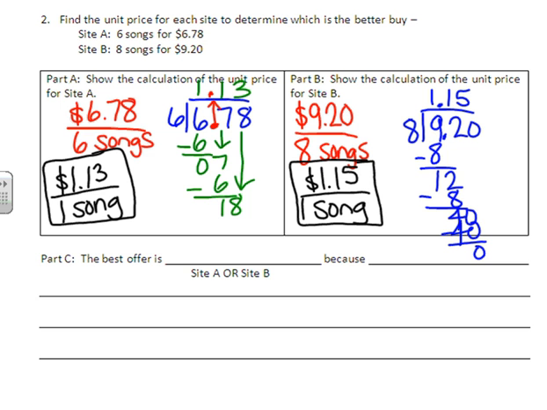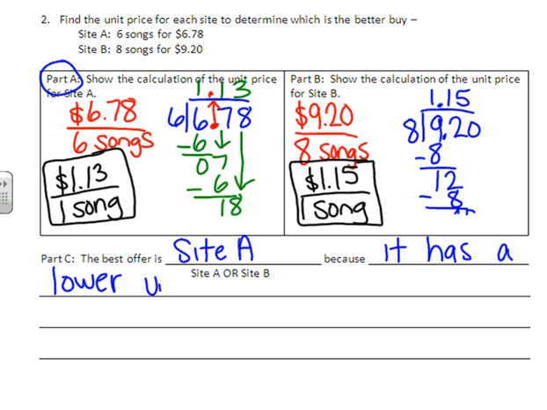Part C, the best offer is, I'm going to choose the one that has the lower unit rate. So it looks like Part A, or Site A, has the lowest unit rate. So I would say the best offer is Site A because it has a lower unit rate.